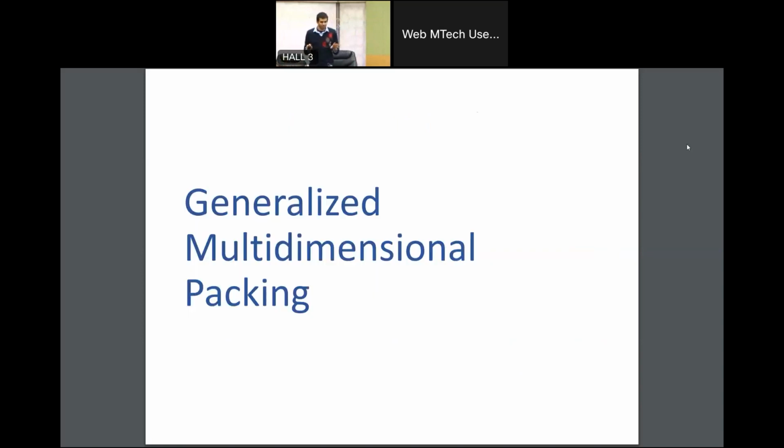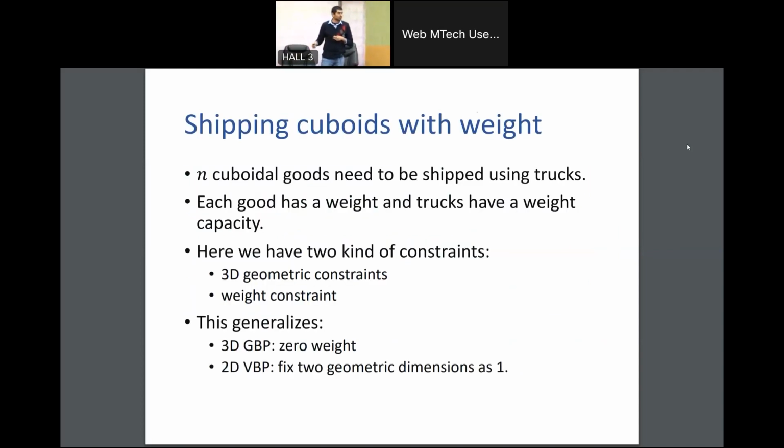So I've talked about these two versions of bin packing, and now I'm going to talk about a variant that somehow combines these two problems, which we call the generalized multidimensional packing problem. A motivating application is this: let's say we have n cuboidal goods that need to be shipped using trucks, and each good has a weight associated with it, and each truck has a weight capacity.